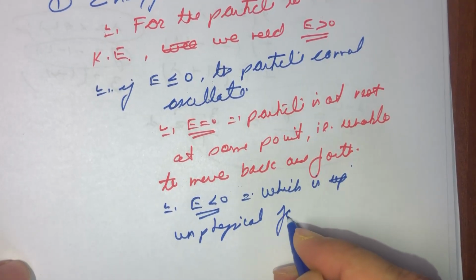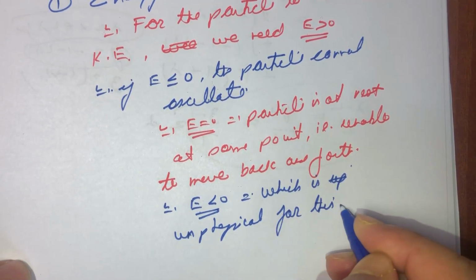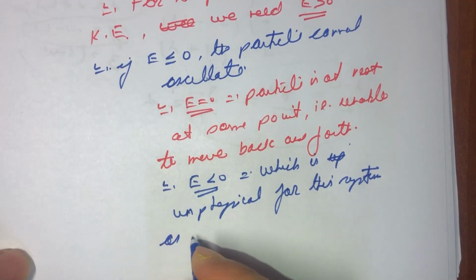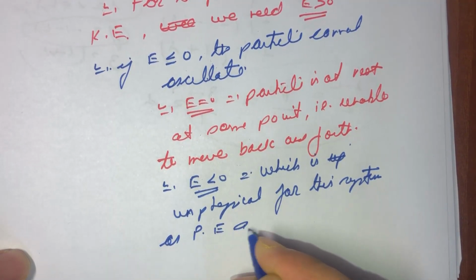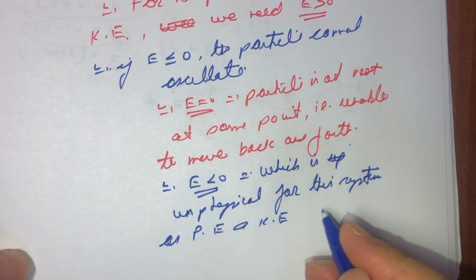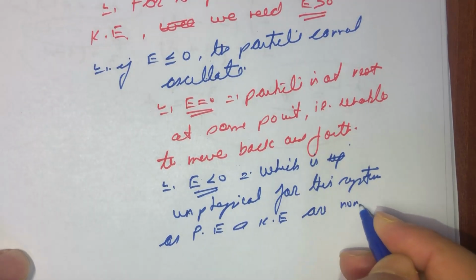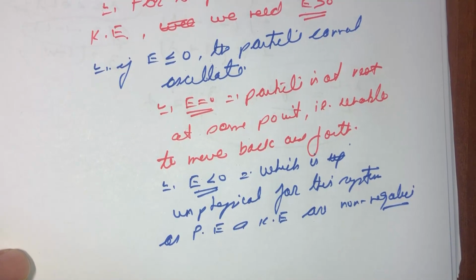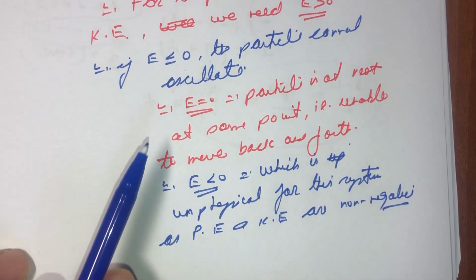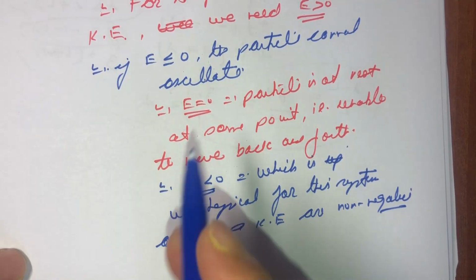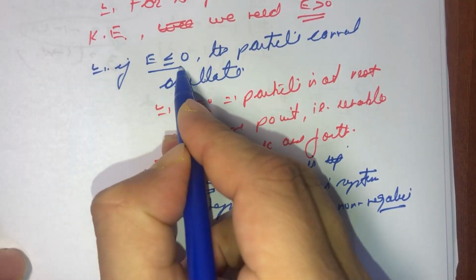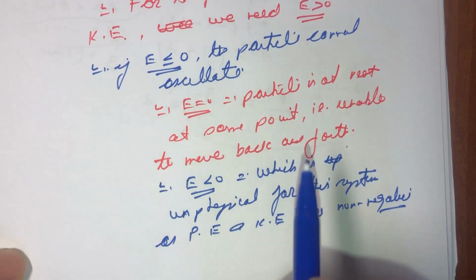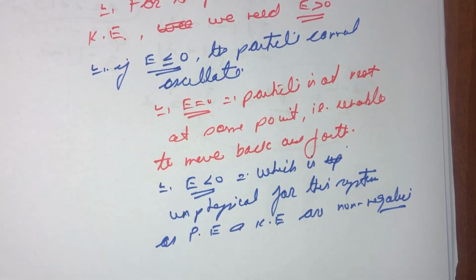So therefore we concluded that energy cannot be less than or equal to 0. It has to be greater than 0 from this discussion.